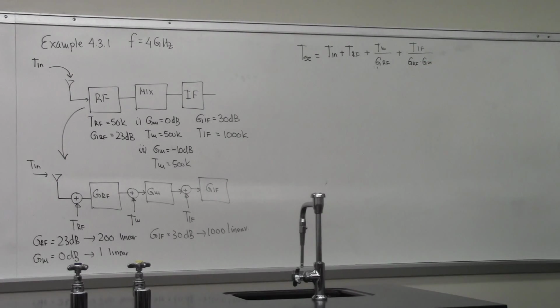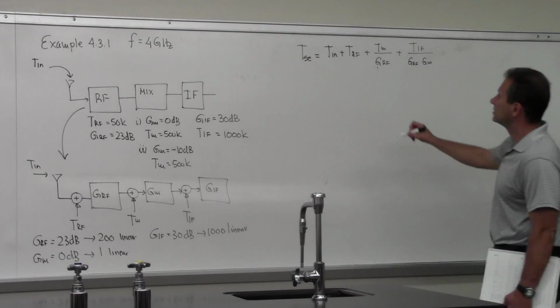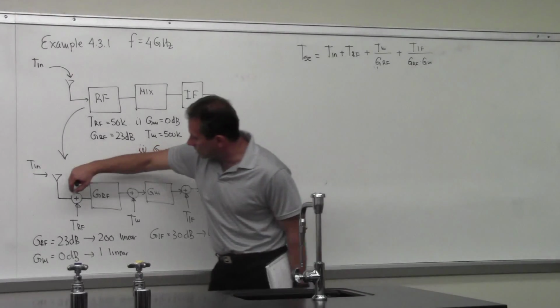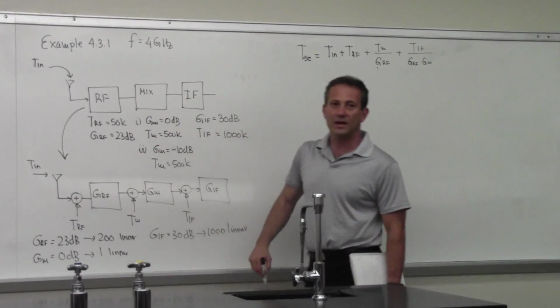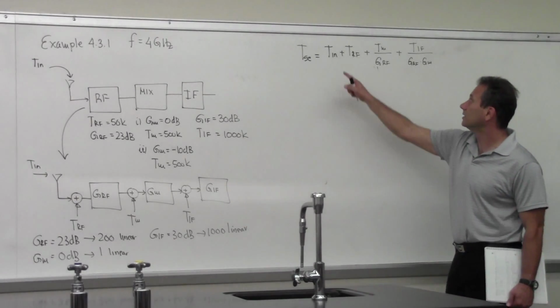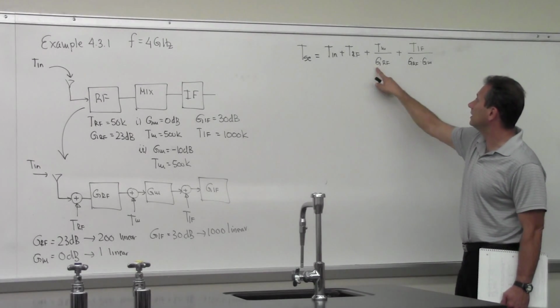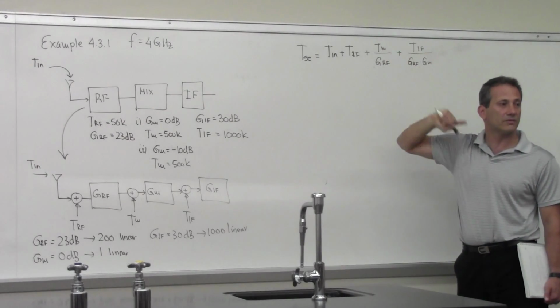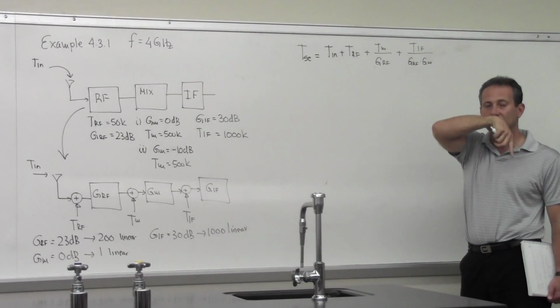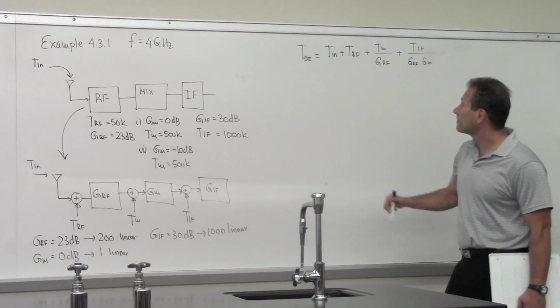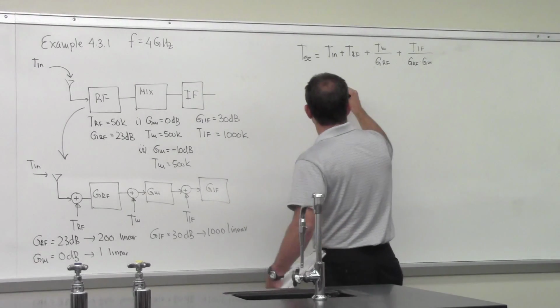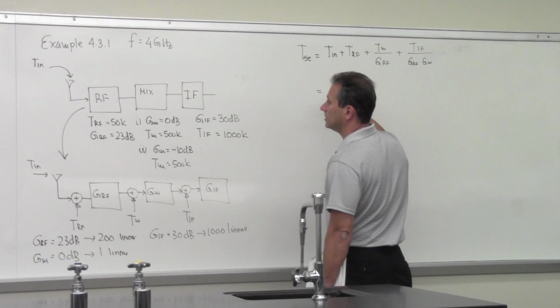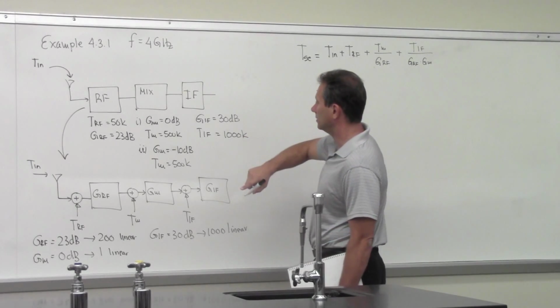So that's according to that equation. These two terms come before any gain, right? So that's why they're here without a gain, and then every noise temperature that follows is divided by the gain of the previous stages. So in our case, this becomes, what is the T?